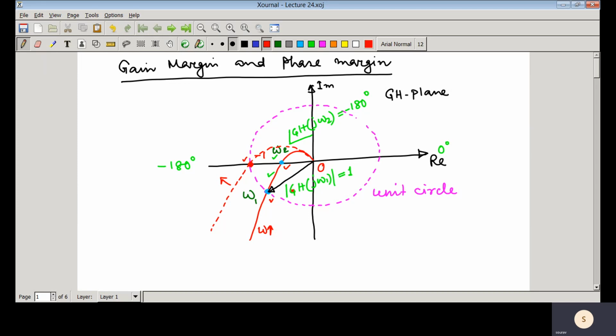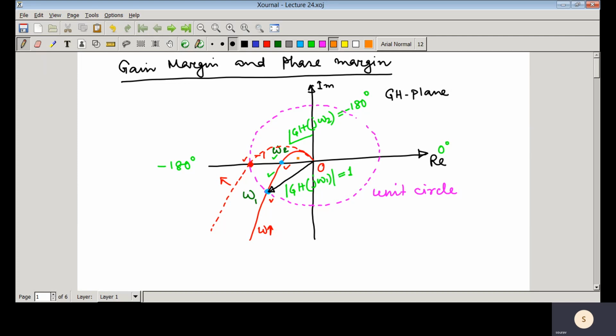And it is always expected that if that Nyquist plot is far away from that critical point, then even if there is some uncertainty or perturbation, it would not encircle that critical point. That means that the number of encirclements around that critical point remains the same. So let us see what we can have here.